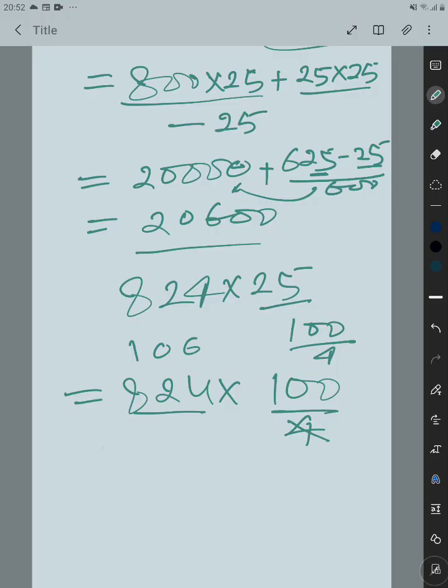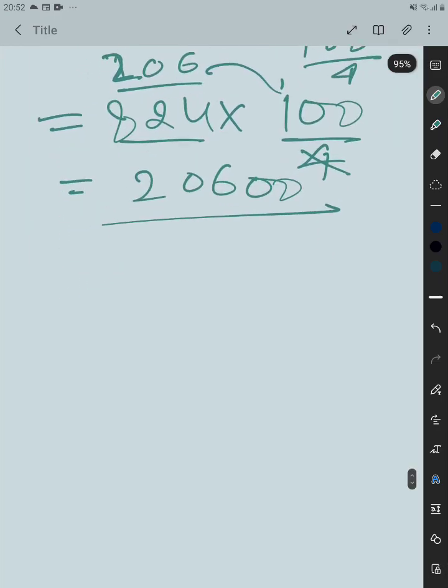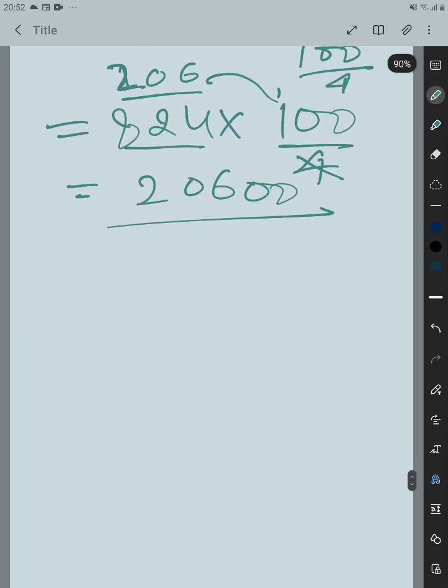So we get 206. Now multiply this 206 by 100, and you will get 20600. So this is another method. There can be n number of methods to solve a question. So let's go further and solve another question.